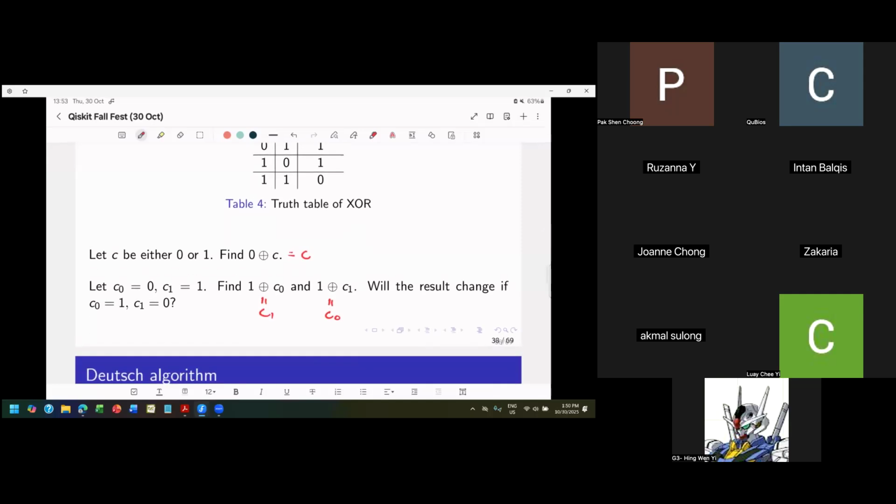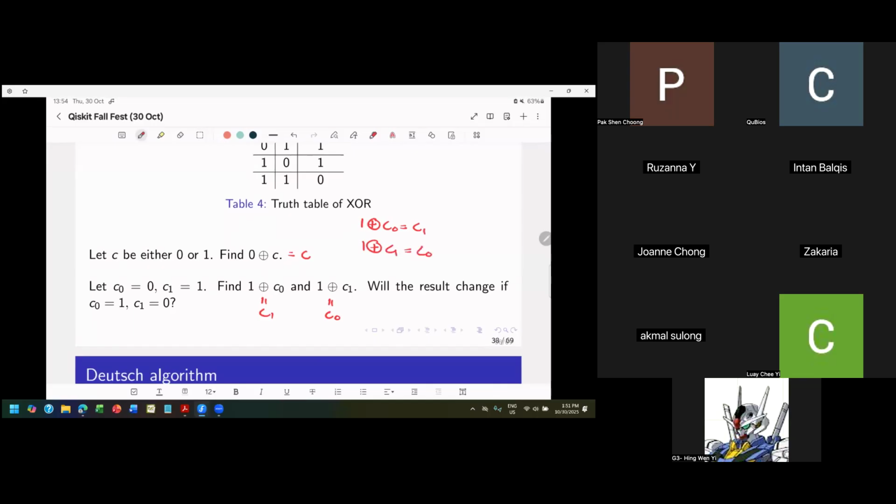Will the result change if C1, C naught becomes 1, C1 becomes 0? No. So, from these two statements, you say that 1 plus C naught is C1, and 1 plus C1 is C naught.